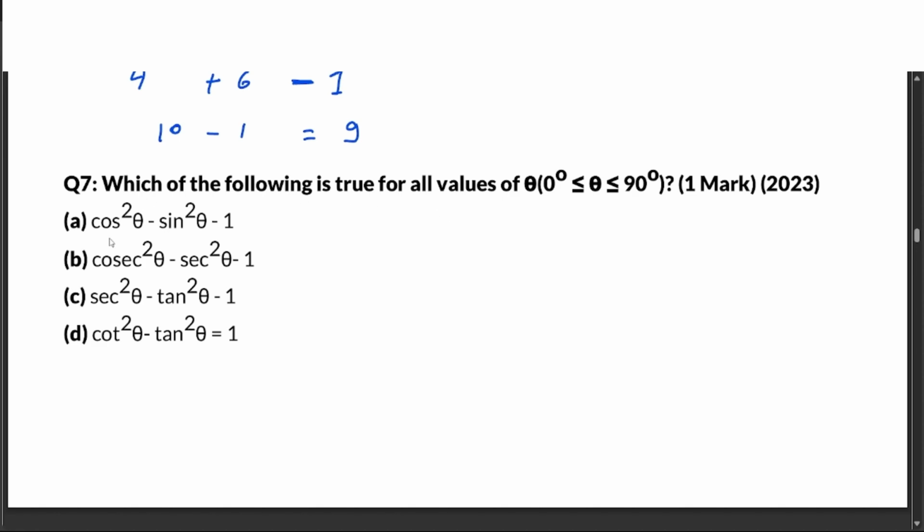So the first option says cos square theta minus sine square theta minus 1.